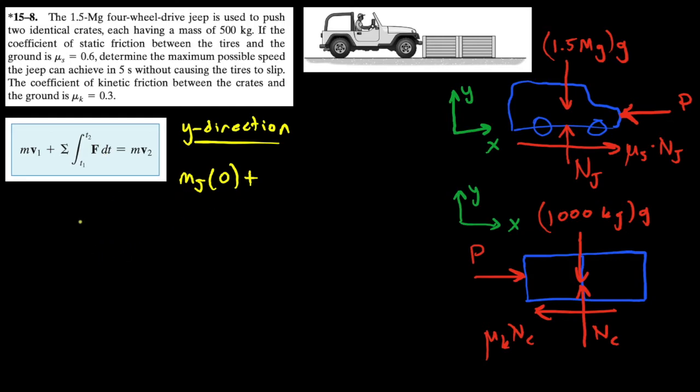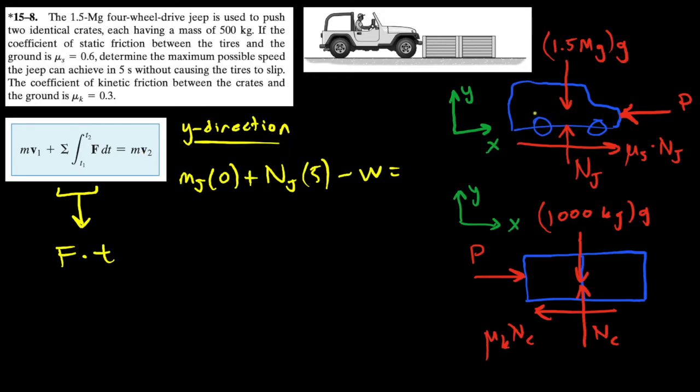But since we have constant force applied, you can think of this term as F times t. So what are our constant forces in the Y direction? Well, we have N sub J applying over 5 seconds, and that is in the positive direction, so that's a positive term. And we have 1.5 megagrams times g, which we'll just call W, pointing in the negative direction, equals m times v2.